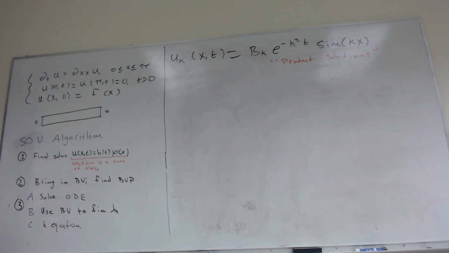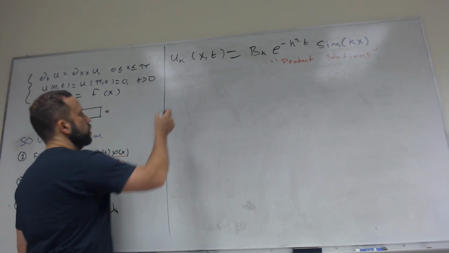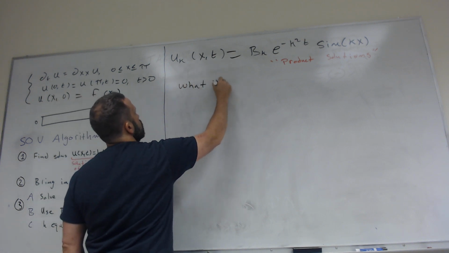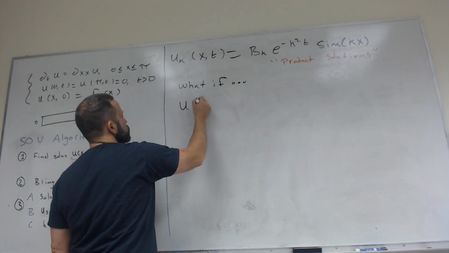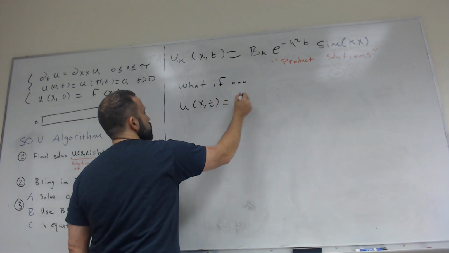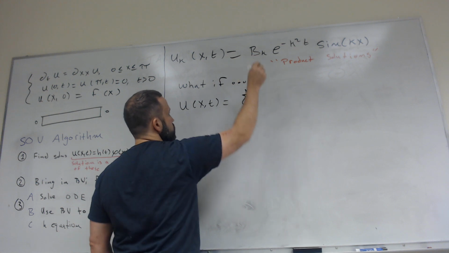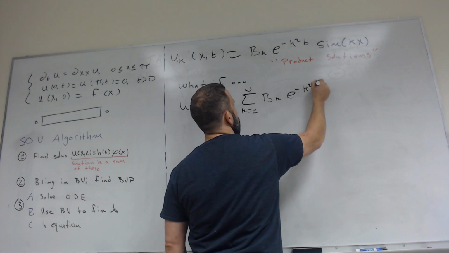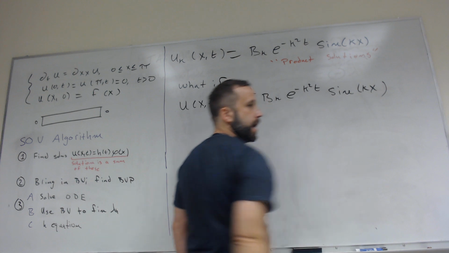In other words, we want to ask the following question. I'm not going to claim anything yet. It would be very nice if we could write our solution u(x,t) as some linear combination, k equals 1 to n, of these product solutions, b_k e^(-k²t) sine(kx).